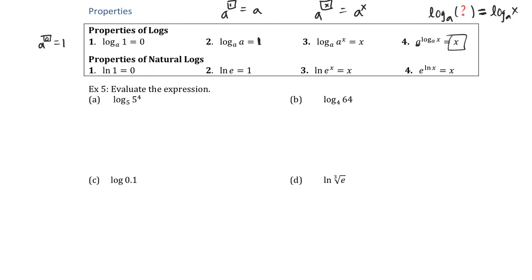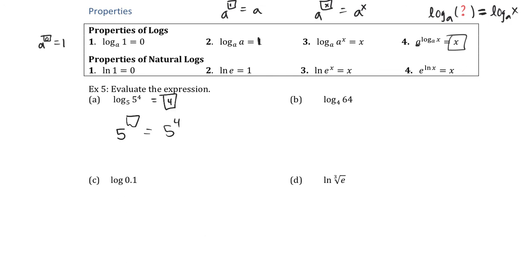And then here's the same properties with the natural logs. All right, so using those, this has got to be 4, and that's by property number 3. But if you don't have these properties memorized, you can always just figure them out. Okay, so let's say that I didn't have that memorized. I'm thinking the base of 5 to what power is equal to the argument?